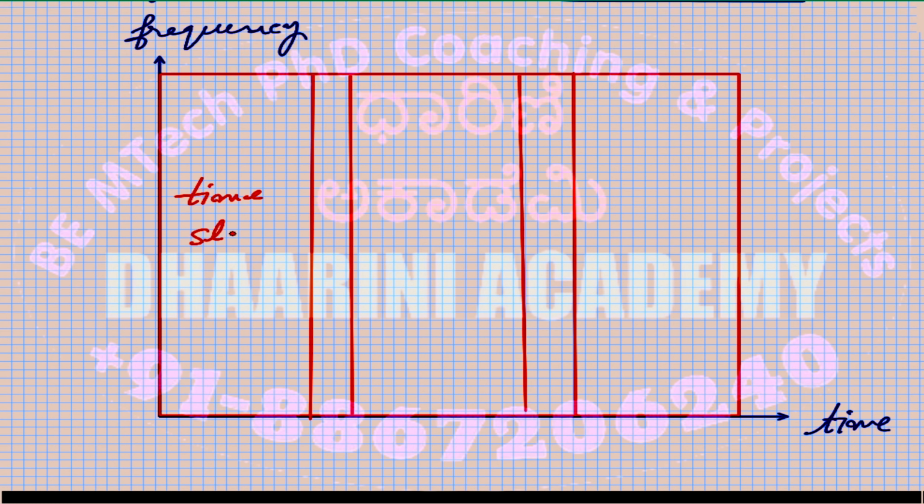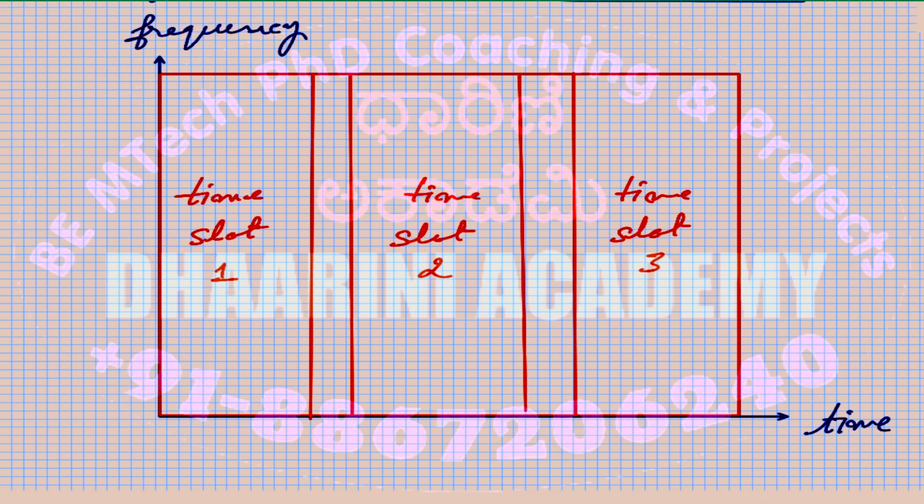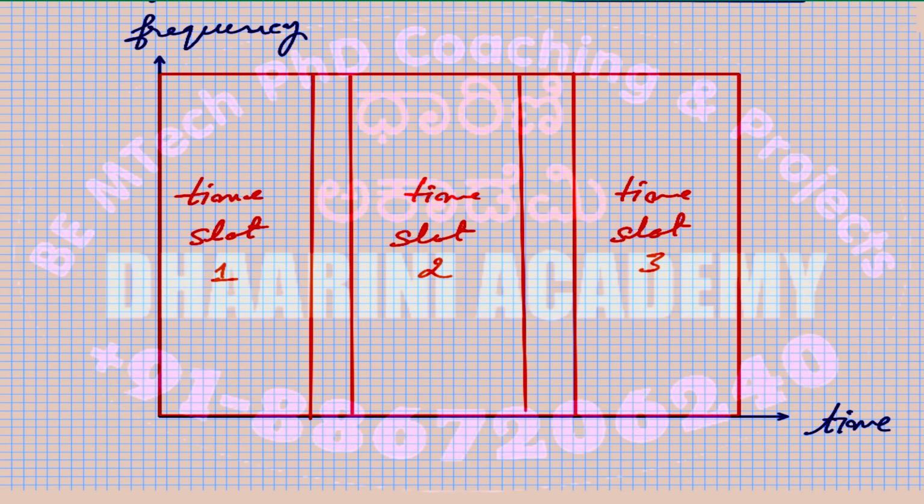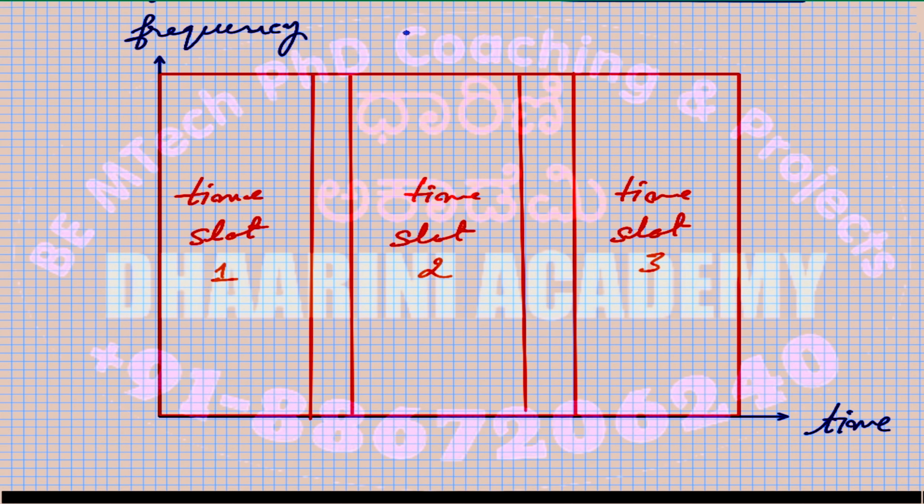So this is time slot number one, time slot number two, time slot number three. Then we have the guard bands. Okay, so I'll change the color. So I'll write guard bands. One is this, and one is this.